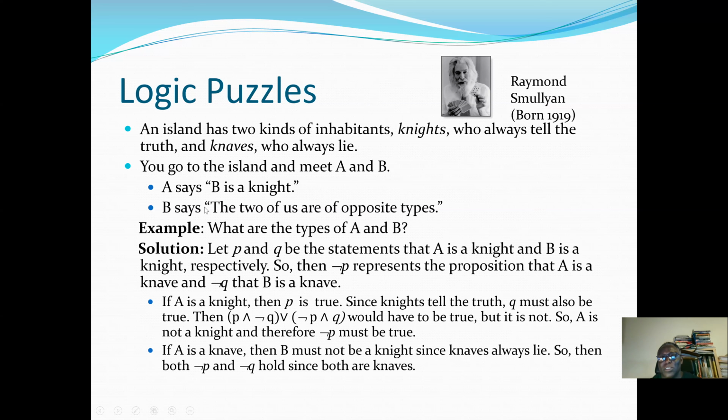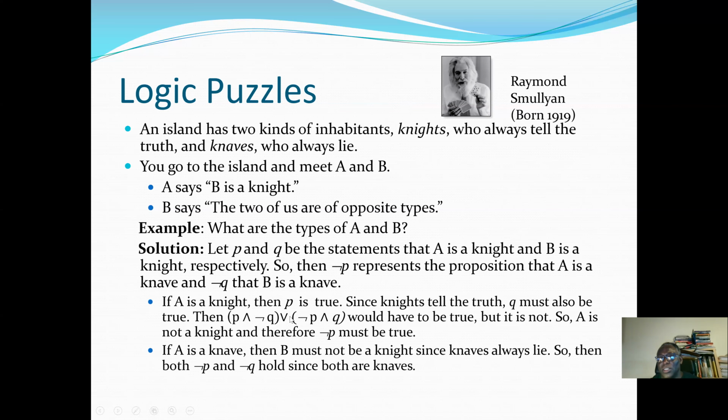So P and not Q, because they're opposite. The whole trick here is that we say the two of us are of opposite types. So that's why we have not P and Q, or P and not Q. In this case, again, we are going to use or, either two. Now the P and Q are opposite. So you have P and not Q, or Q and not P. Again, the opposite of V from our previous lecture is and, or conjunction.